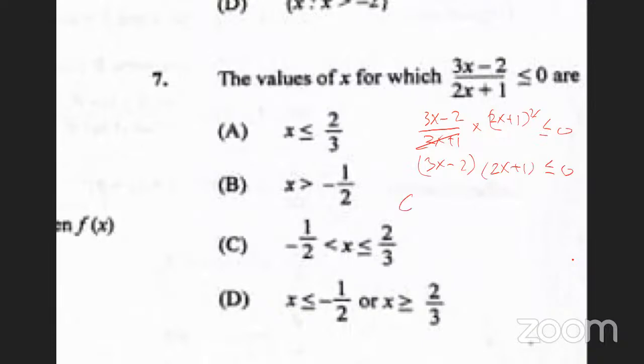So your critical values are what? Negative a half and 2 over 3. The question said less than 0, so less than 0 is in between there. So it's all the values between negative a half and positive 2 over 3. The answer is C. Right, let's squeeze in one more.